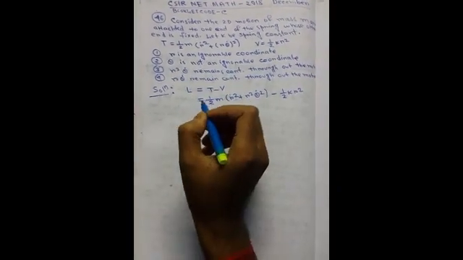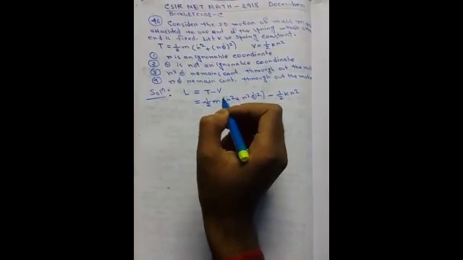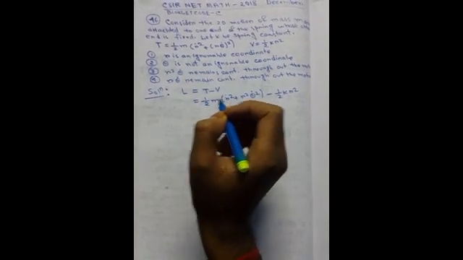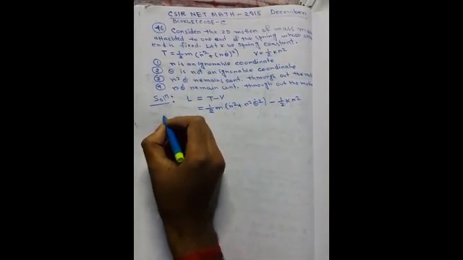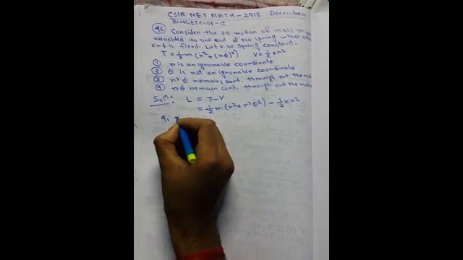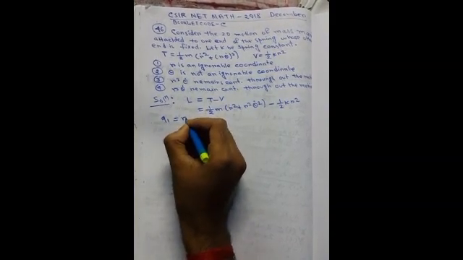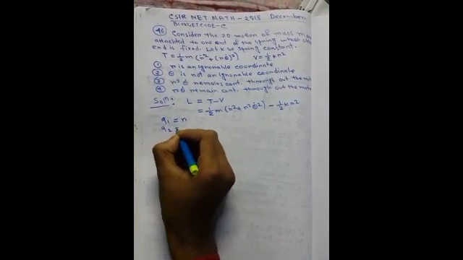Now L is a function of q1, q2, ..., qn and q1 dot, q2 dot, ..., qn dot. So here q1 equals r and q2 equals theta.